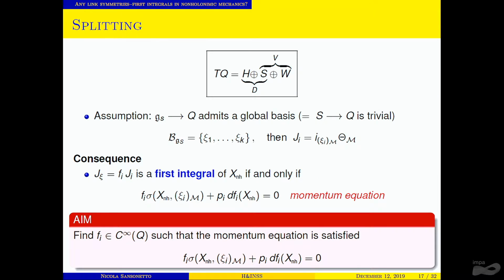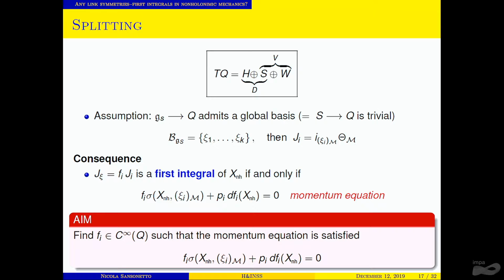Okay, a step further, we consider another decomposition, now a decomposition of the constraint distribution, split in a part which is in the vertical and another part which is not in the vertical. This allows us to write the momentum equation that I mentioned before in this term. So where the role of the functions f_i is evident.